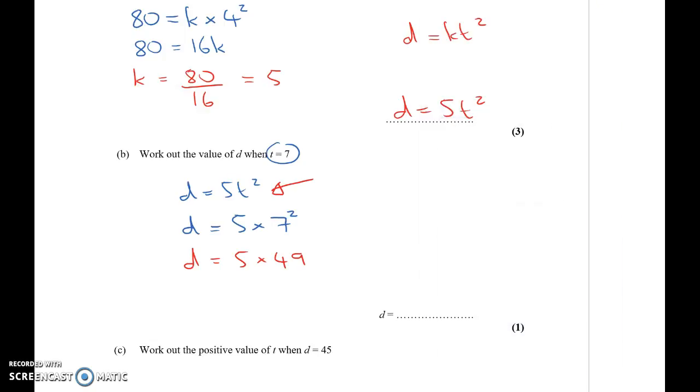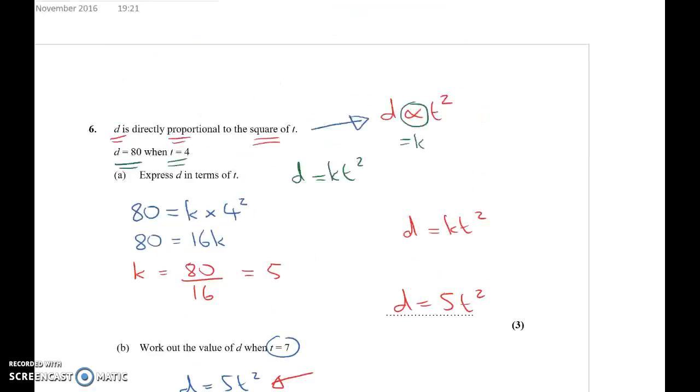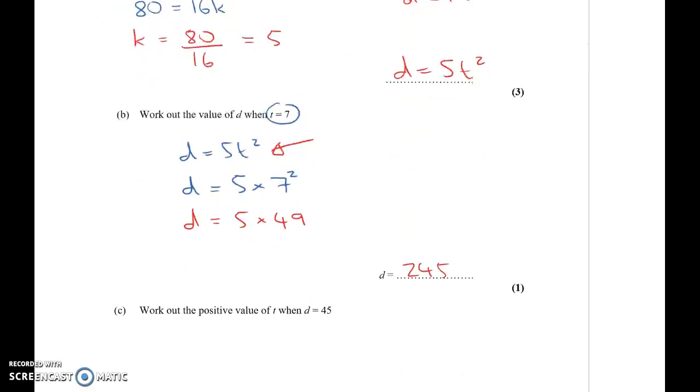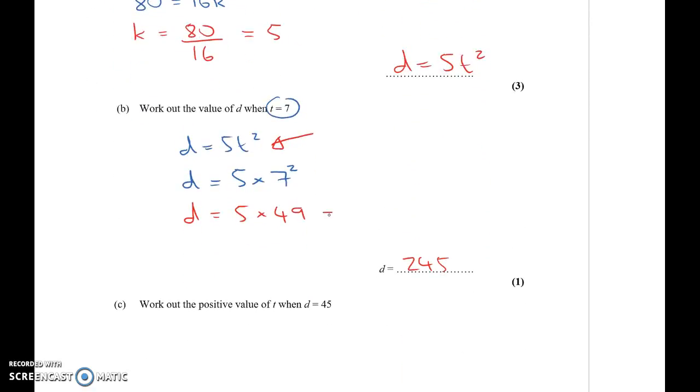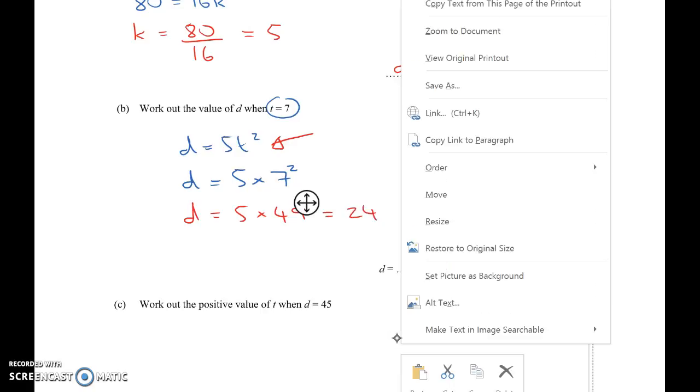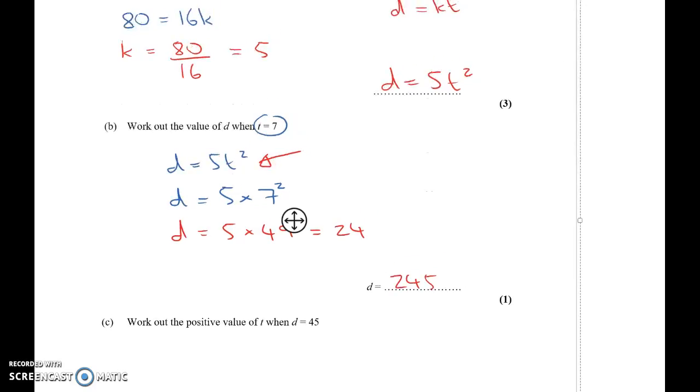So D is equal to 245. We don't know the units, so that's fine. Stupid pen. Thank you. 245. That's supposed to be a 5.